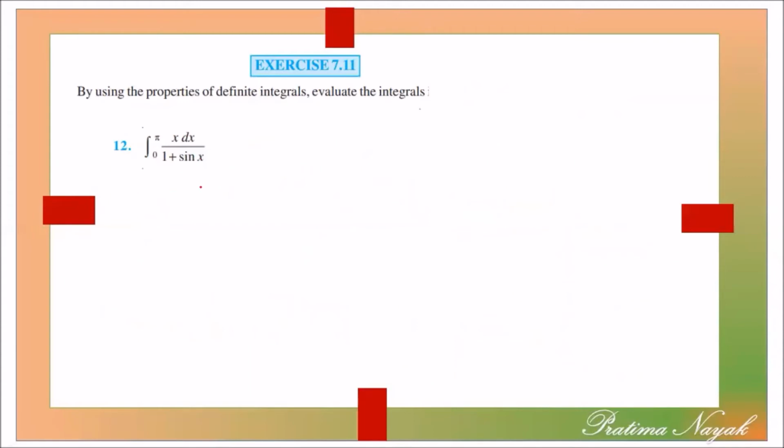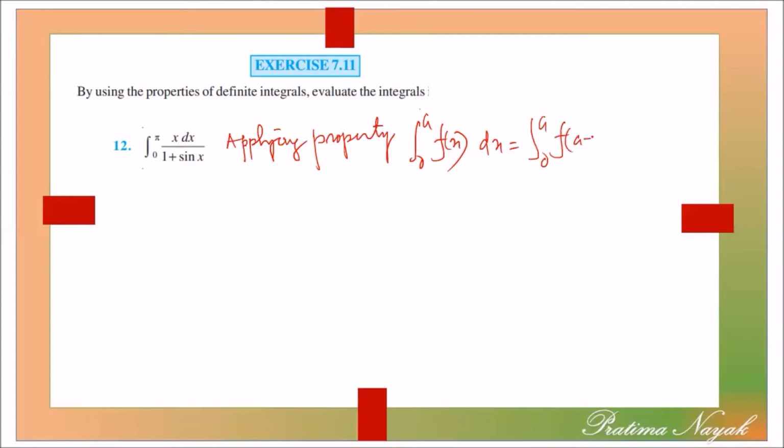Question number 12. So we'll apply the property. Applying property: integral from 0 to a of f of x dx is equal to integral from 0 to a of f of a minus x dx.